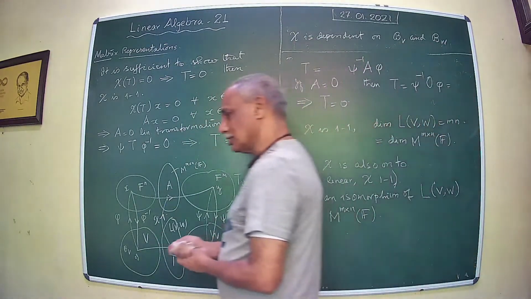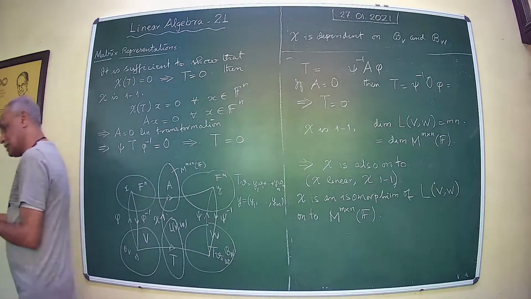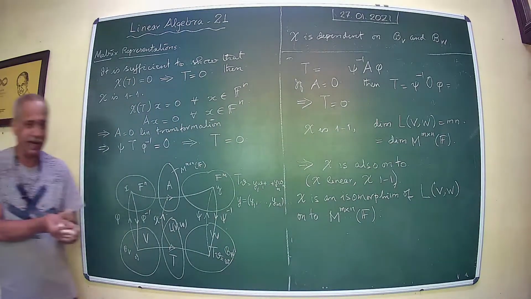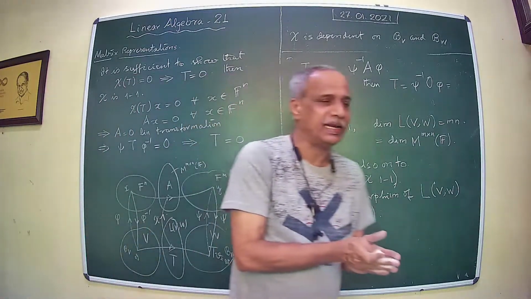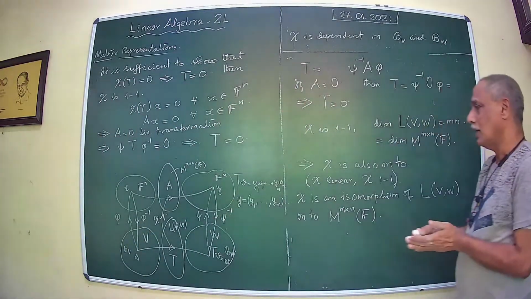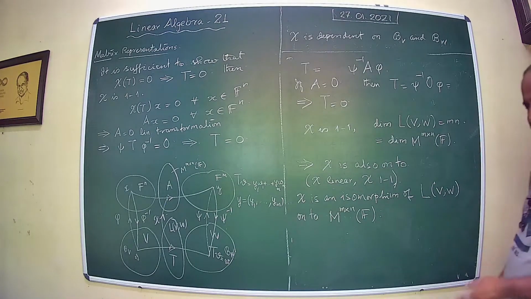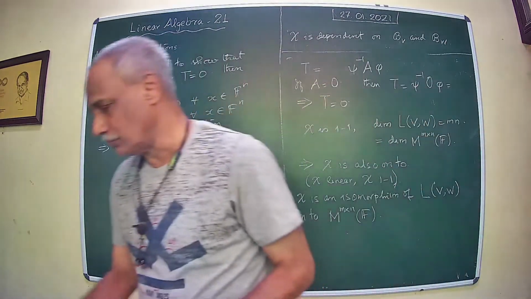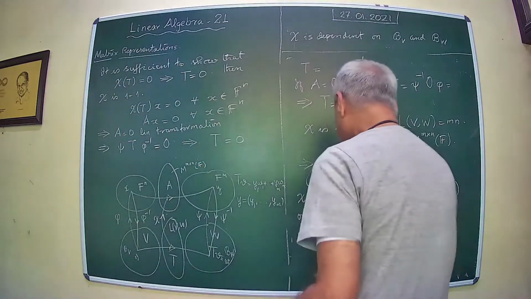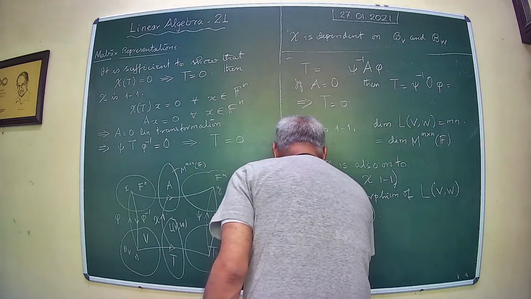Okay. So this is one isomorphism, and this particular isomorphism chi is completely dependent on the ordered basis that you choose for V and W. So let us just put that once again to affirm the whole thing. So I want to put this in your mind.